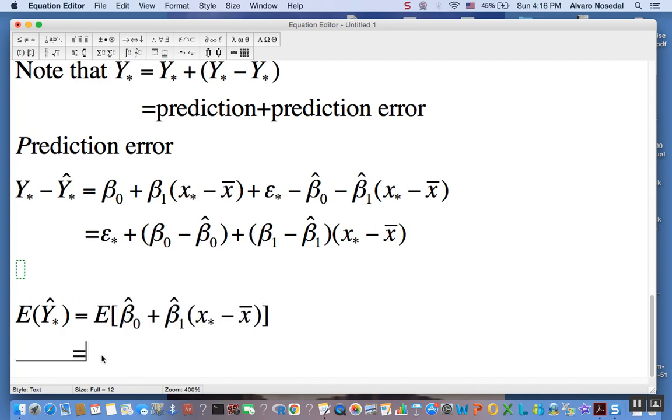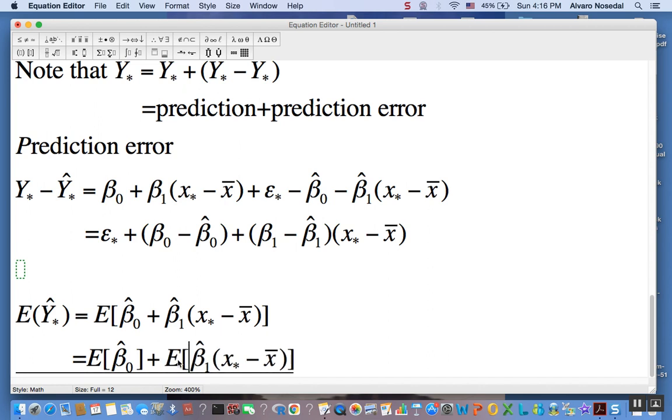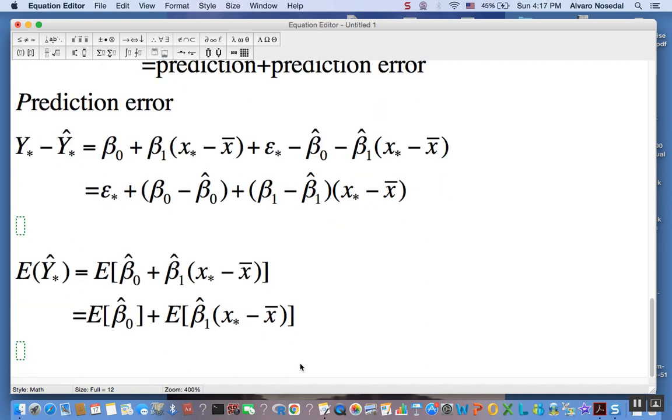Let me copy paste this. X star will be a constant, right? So we are going to be factoring that out. Then we're going to use the useful results that we know.